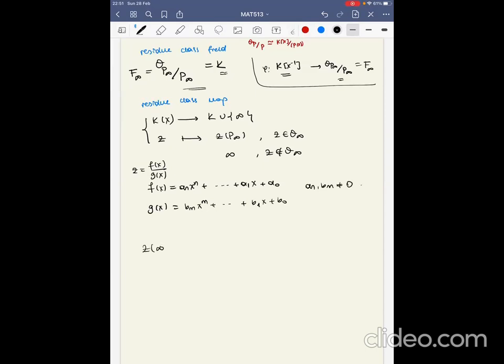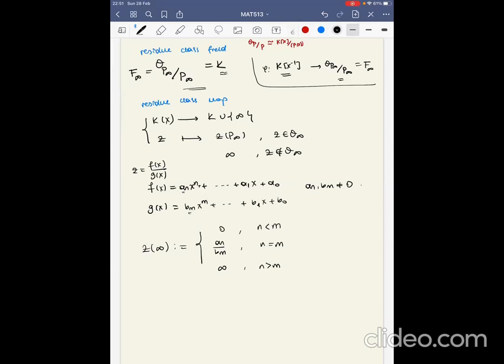Let me also define z of infinity. If n is less than or equal to m, then when n and m are the same degrees, we consider the fraction of the leading coefficients of f and g, and when n is strictly bigger than m, we set infinity.